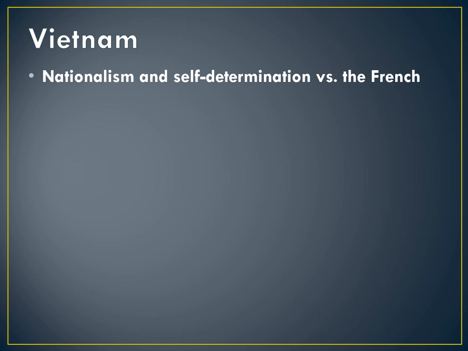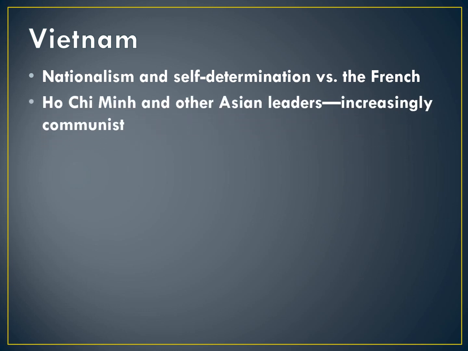And they wanted France out, and they wanted to govern themselves. Ho Chi Minh, one of the Vietnamese leaders, tried to reach out to the United Nations, tried to reach out to the United States, didn't get a whole lot of support because, well, you had that NATO thing, and France was a part of that too, and so everybody felt like they had to support France.